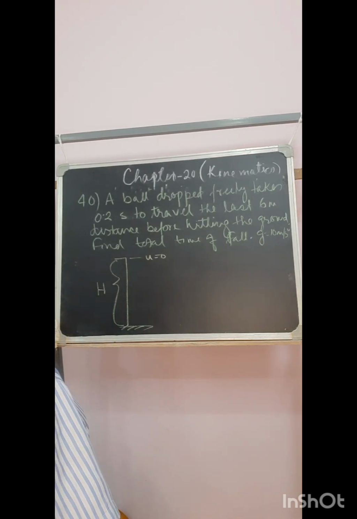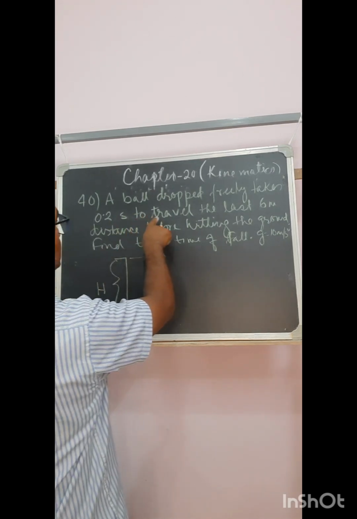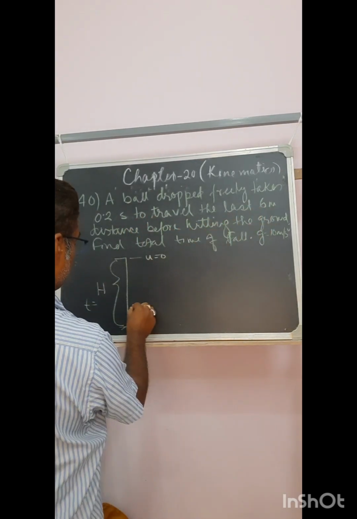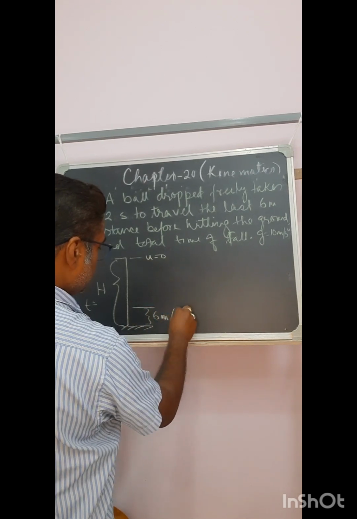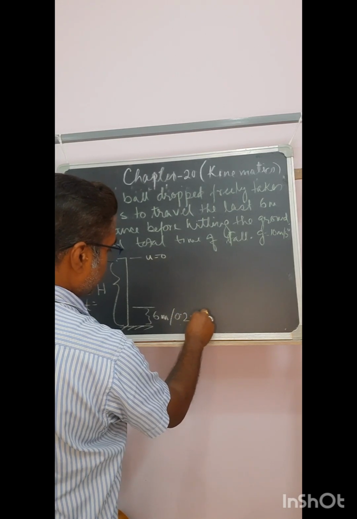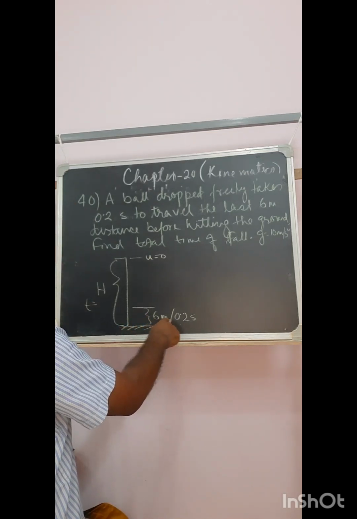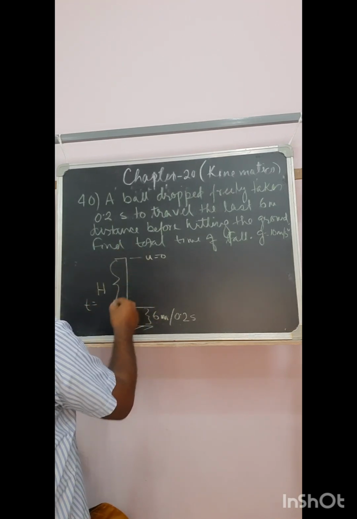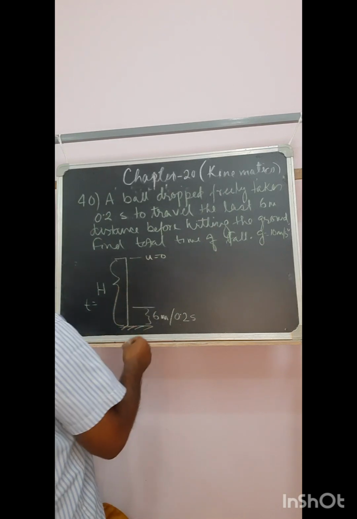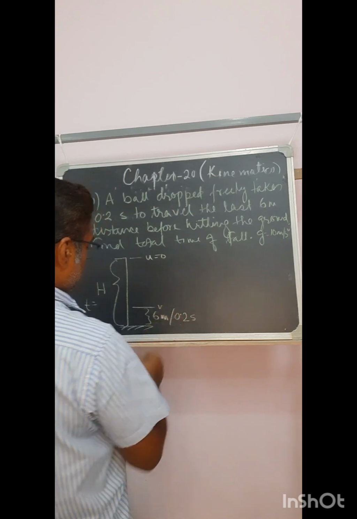It takes 0.2 seconds to travel the last 6 meter, before hitting the ground. So the information is the last 6 meter in 0.2 second, and the total height I have assumed is h. Here it may achieve some velocity; I don't know whether it is useful or not.